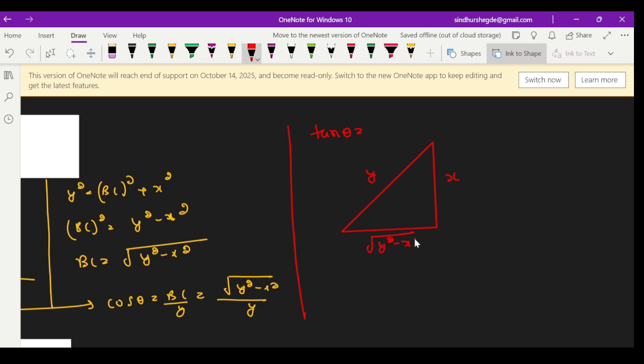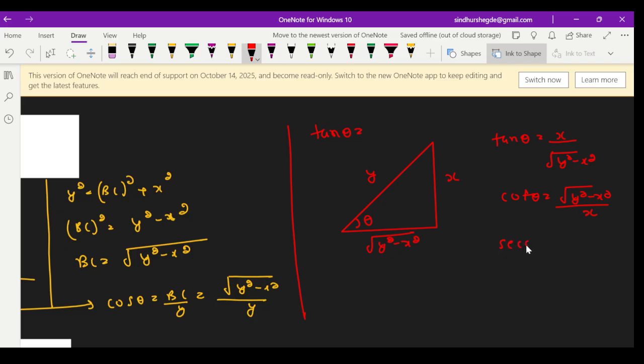Now what is tan theta? Tan theta is nothing but opposite side by base, right? That is x by root of y square minus x square. Now if I ask what is cot theta, it is root of y square minus x square by x.